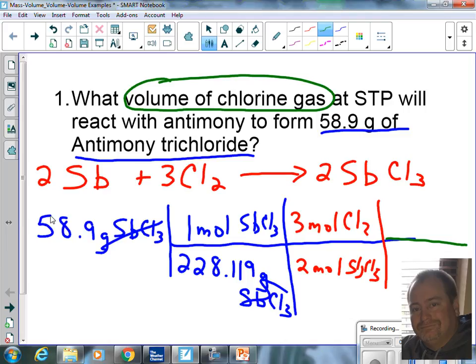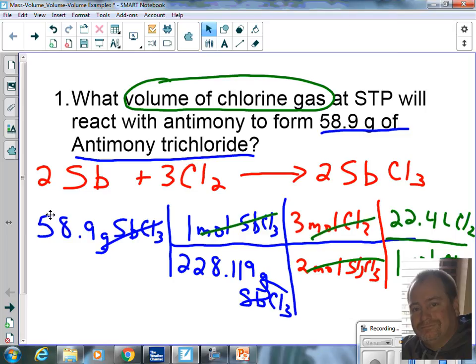Now my last step here is going from moles of chlorine gas. Cancel there. I have it in moles of chlorine gas, and I need to go to volume of chlorine gas. Well, I know that at STP, 1 mole of chlorine gas is 22.4 liters of chlorine gas. My moles of chlorine gas will cancel.